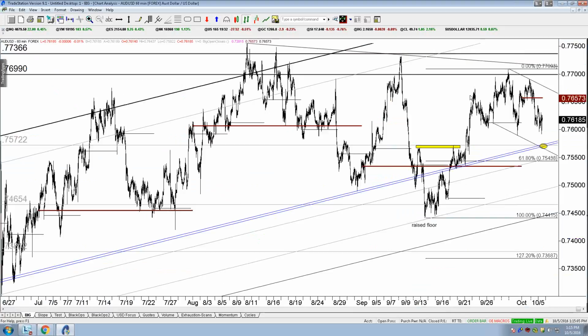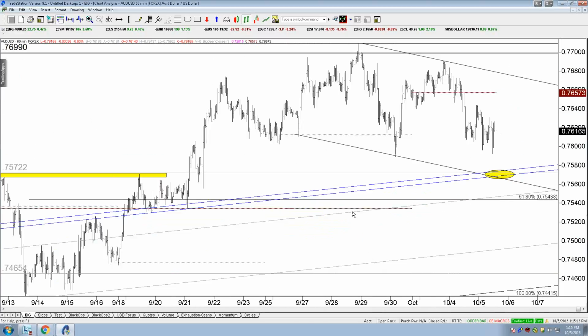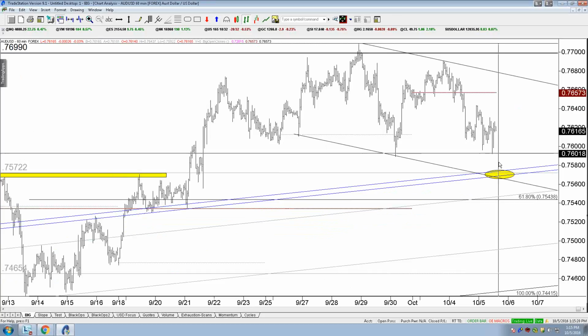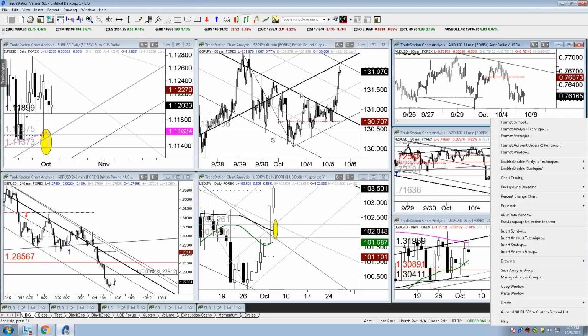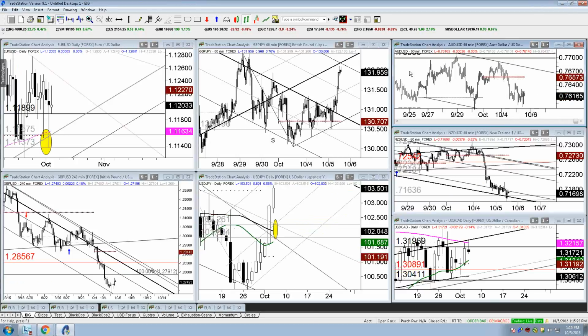Aussie. Aussie's one that I still lean towards the bull side. Continue to focus on the 75.70 region. I think Aussie's ultimately a buy the dip kind of deal. I know that we were coming off of this really long-term resistance level.